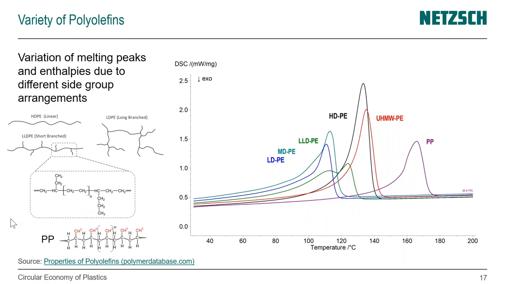And then how do you correlate molecular weight with melting peak? I hope I could explain that a little bit. What we measure in the DSC is really the crystallization or the spherulite melting. And that is indirectly correlated to molecular weight. You know how we use nucleating agents to speed up crystallization.